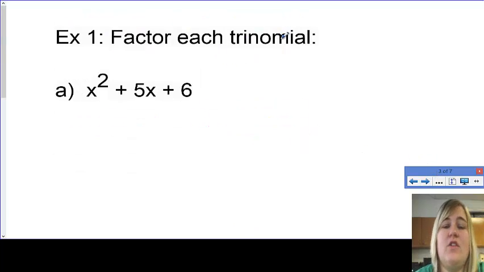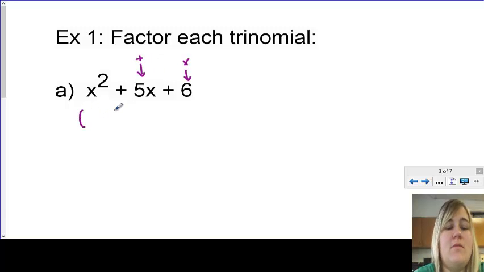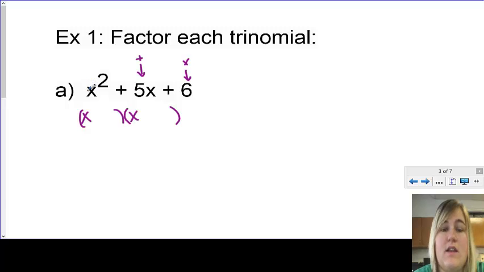So it wants us to factor each trinomial, and the trick to this is to know what multiplies to get your last term. I need something that multiplies to get this, and something that adds to get this. So I know I'm going to split it up into a product of binomials, and I know that I'm going to have that x squared out front because x times x is going to get me that x squared.